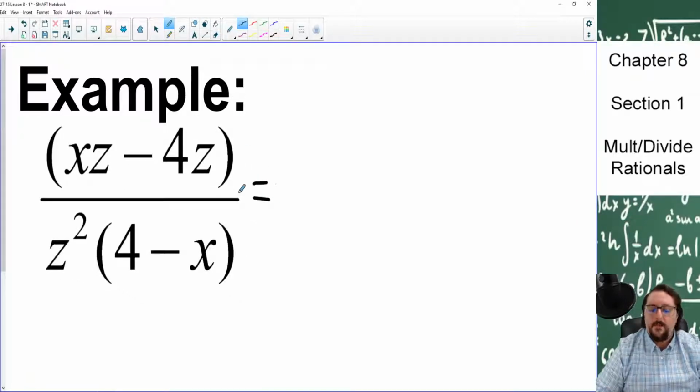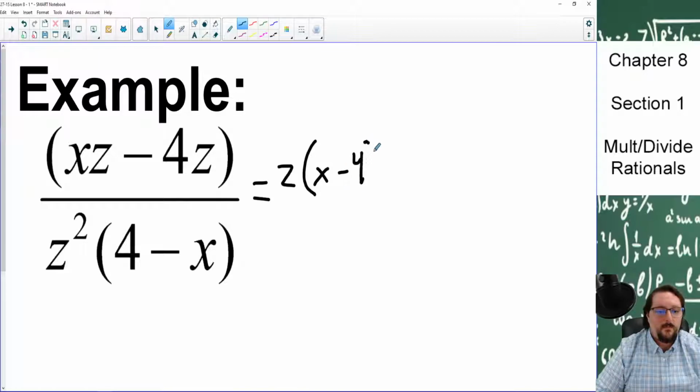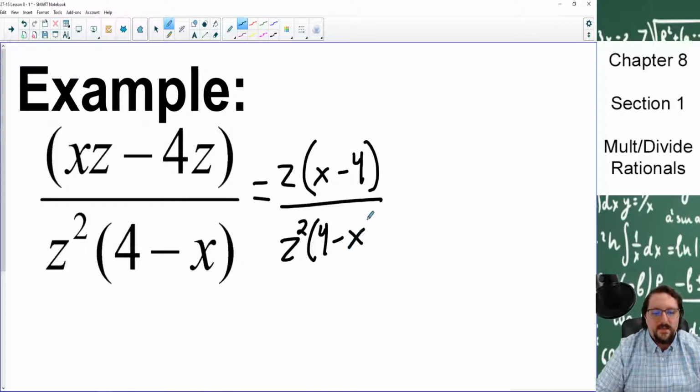So on the top, first things first, I notice that I have a z in both of these. Let's go ahead and pull that out. That'll leave us with just x left out of xz and just 4 left out of 4z. On the bottom, we have z squared and 4 minus x.